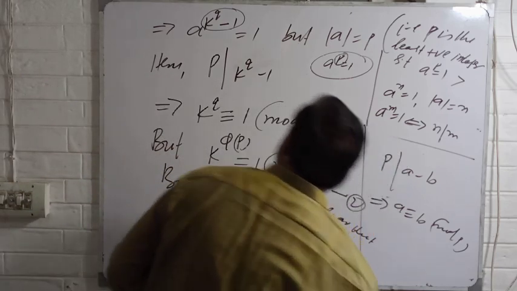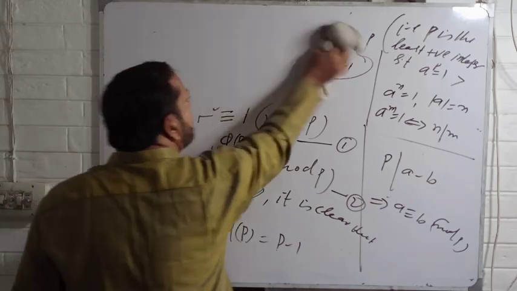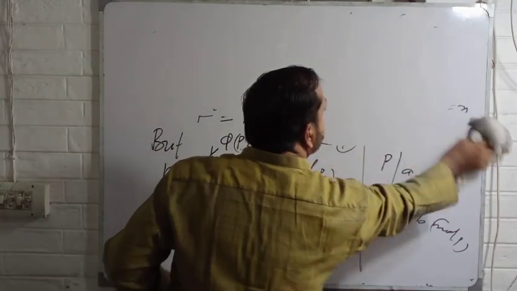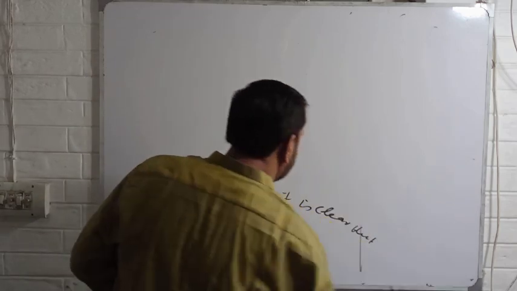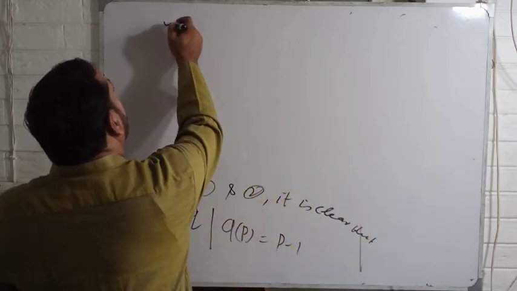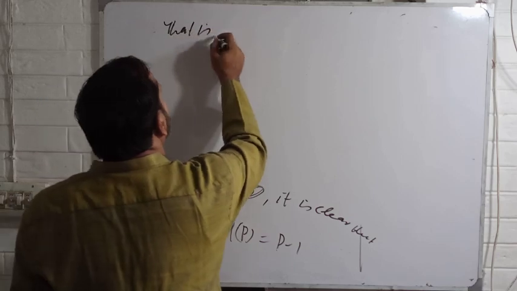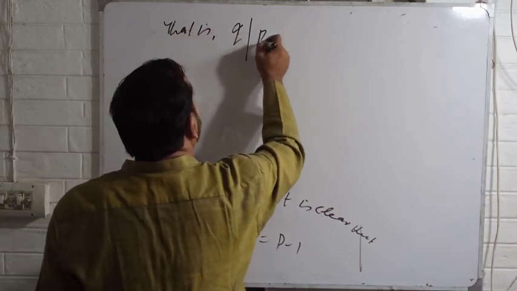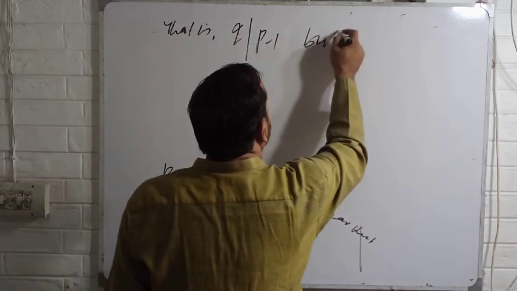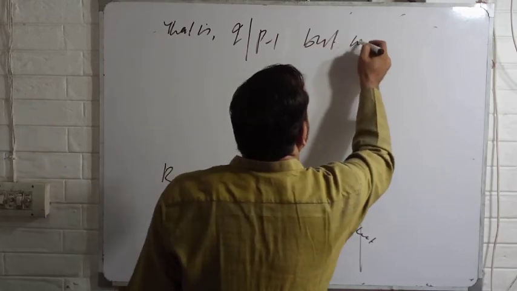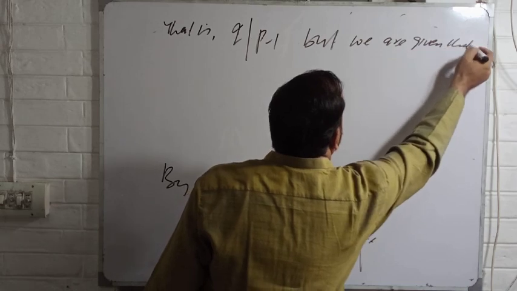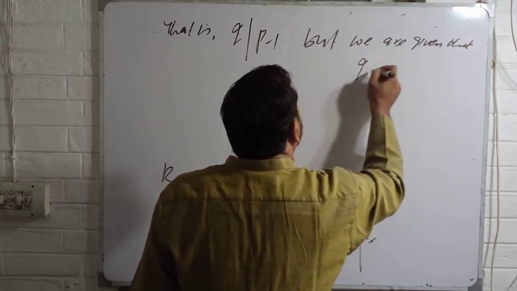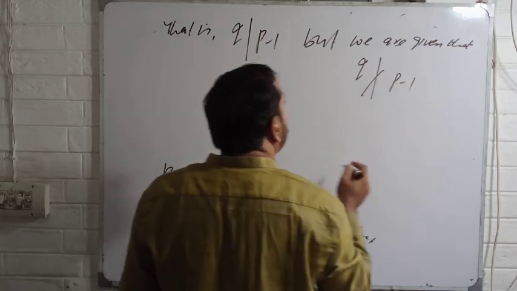That is, q divides p minus 1, but we are given that q does not divide p minus 1.